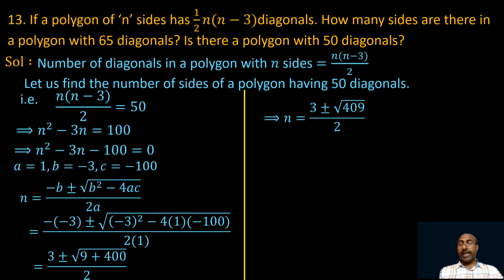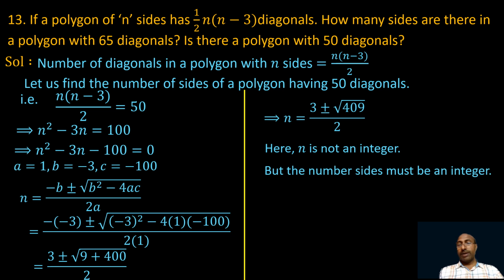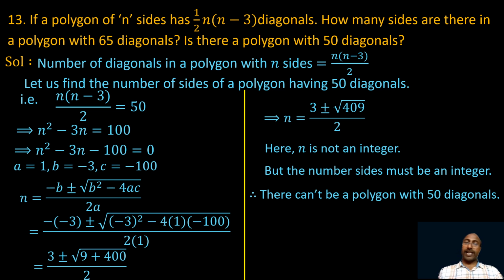Here root 409 is an irrational number, so n is not an integer. The number of sides must be an integer, and there can't be a polygon with 50 diagonals, because here we got a value of n which is not an integer.